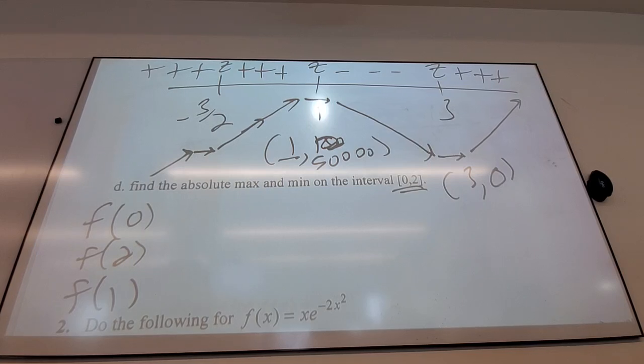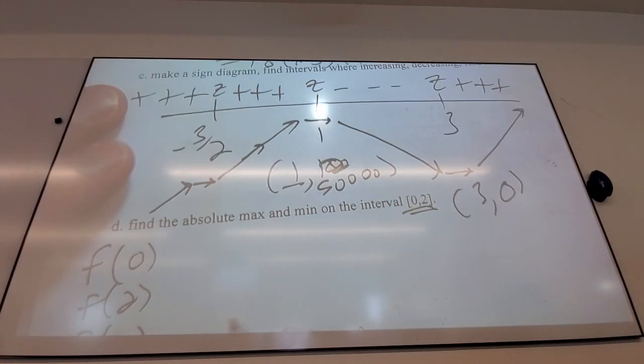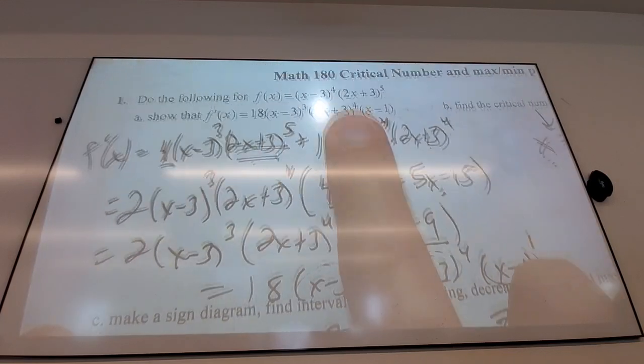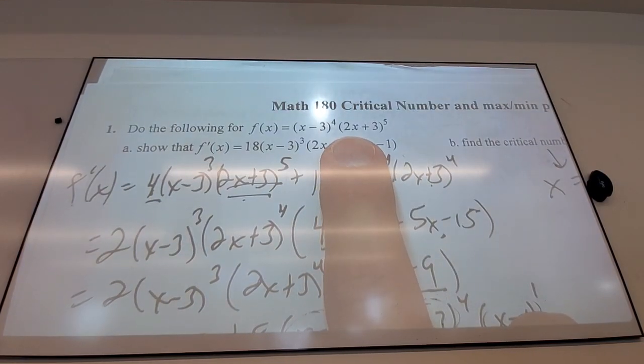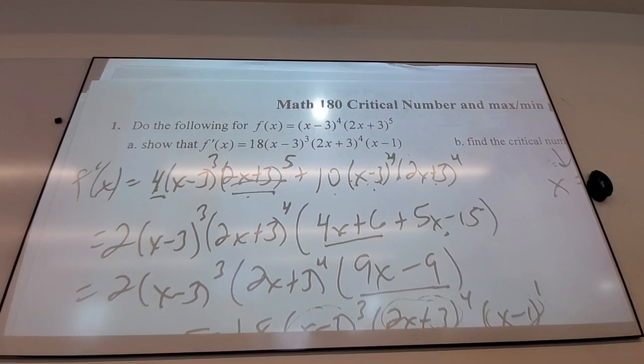50,000. What's f of 0? What's f of 0? 3 to the 9th, whatever that is. Let's see, it's 81 times 81 times 3. 6,561 times 3 is like 19,005 or something.